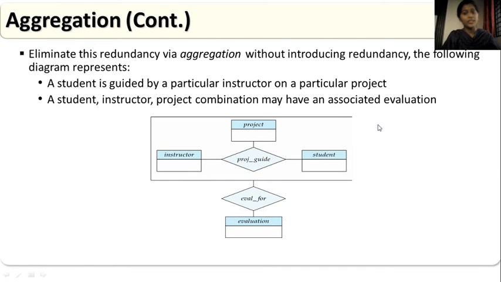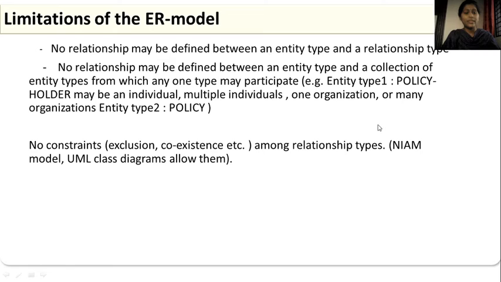The limitations of the ER model are that no relationship may be defined between an entity type and a relationship type. Also, no relationship may be defined between an entity type and a collection of entity types from which any one type may participate. For example, entity type 1 policyholder may be an individual or multiple individuals, or one organization or many organizations, of entity type 2.